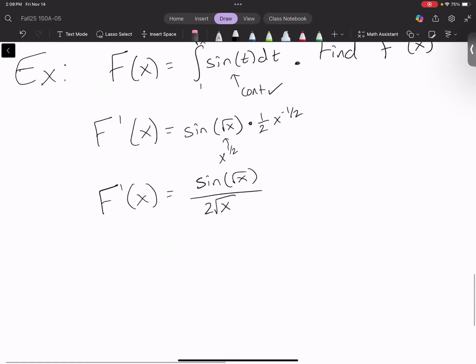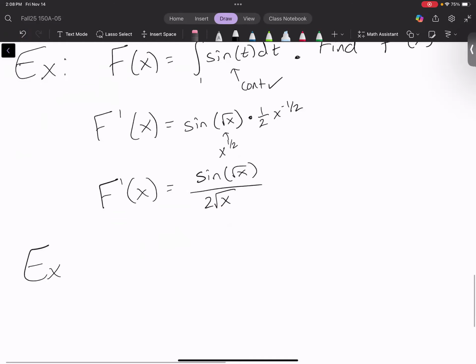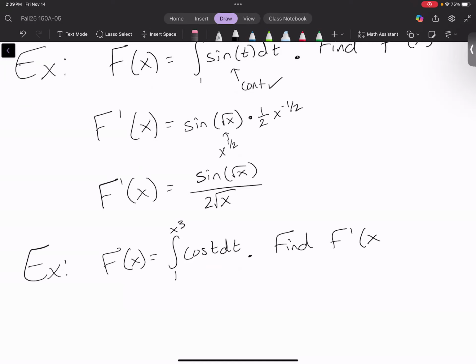Now you try. Let's look at this example. Capital F of x equals the integral from 1 to x cubed of cosine t dt. Now I want you to find capital F prime of x. Go ahead and pause the video and try it.